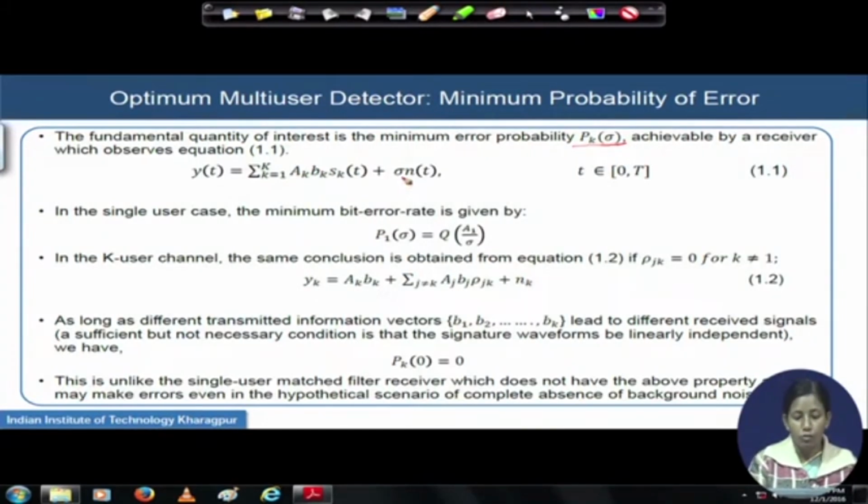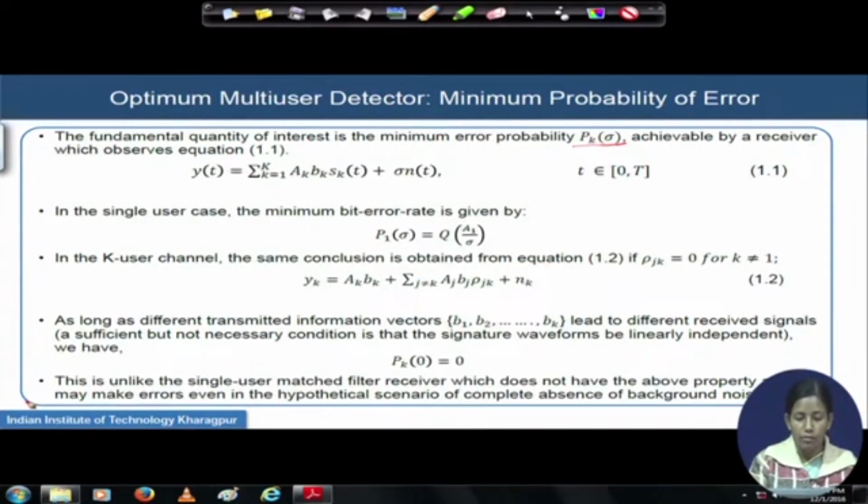And we have considered n(t), a Gaussian noise process, continuously over the last two modules. This is a very generic model at the front end of the CDMA receiver in a multi-user scenario.